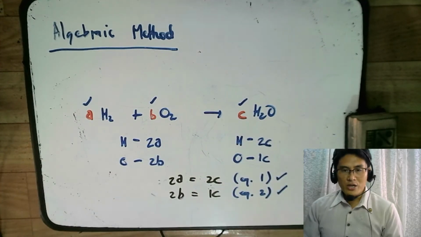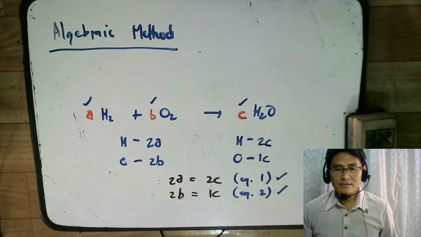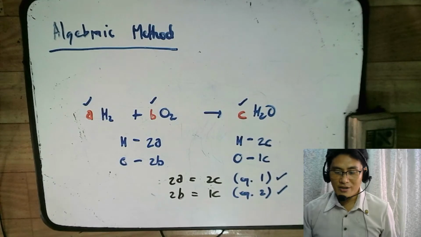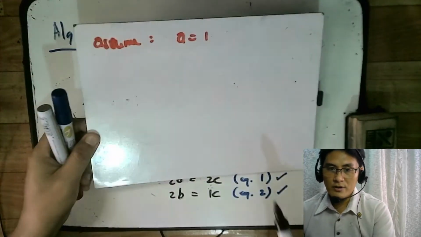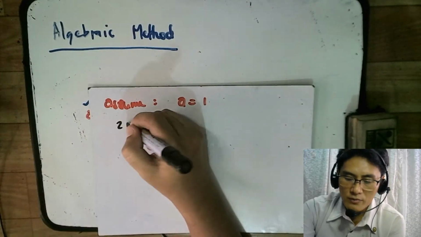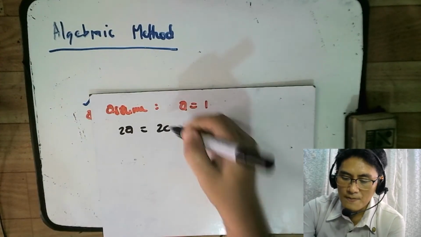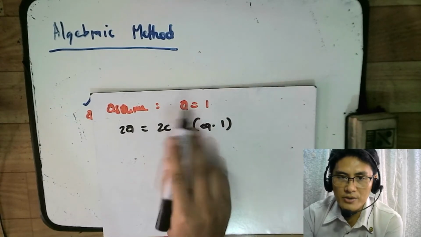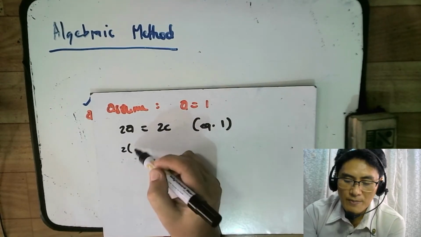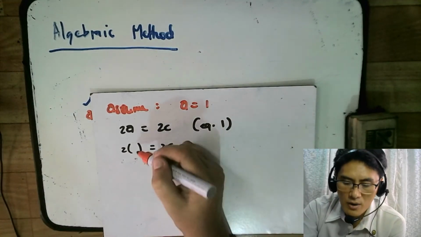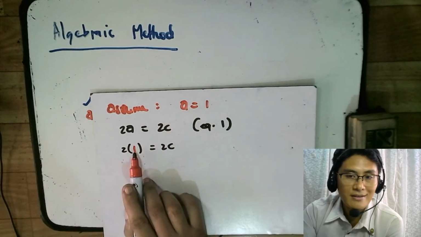So now we use techniques in algebra, one of which is substitution. You can substitute in the value. Say, for example, this one, 2A equals 2C. This is equation 1. Because we assume that A is 1, we can replace that and say, well, A is 1.